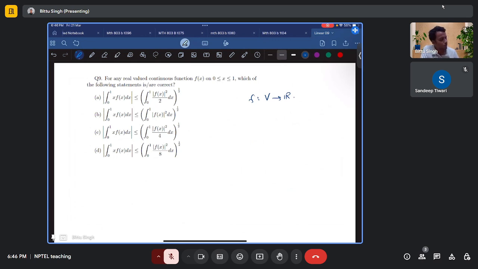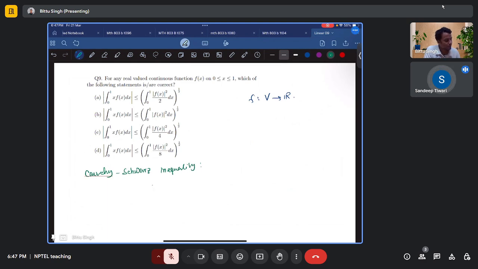So what do we know about inner product? We know something like this: the Cauchy-Schwarz inequality. What does it tell?